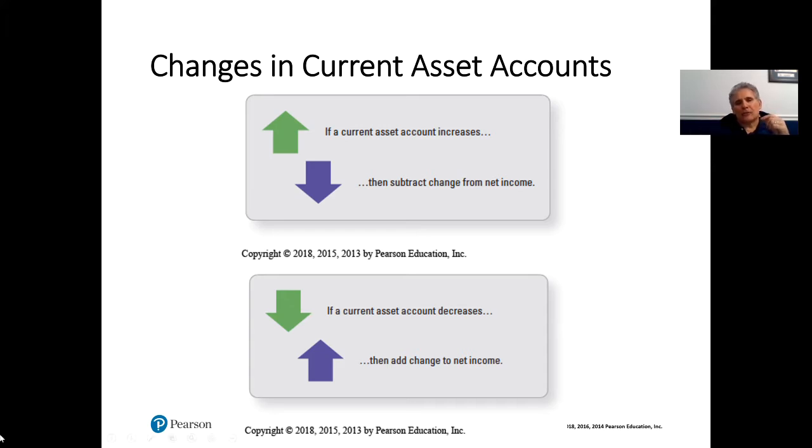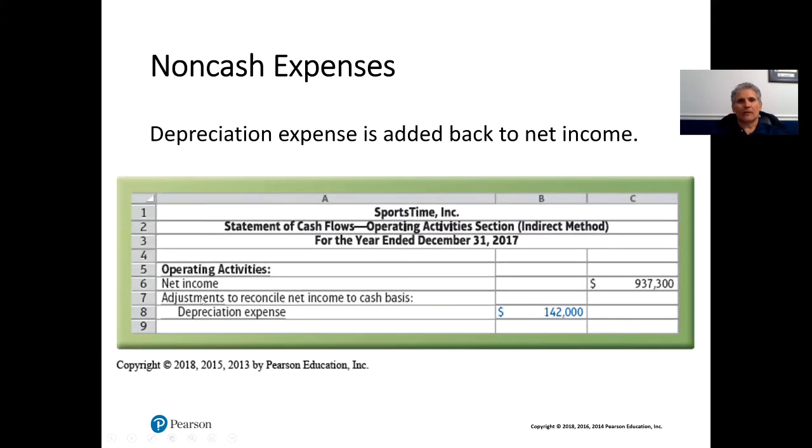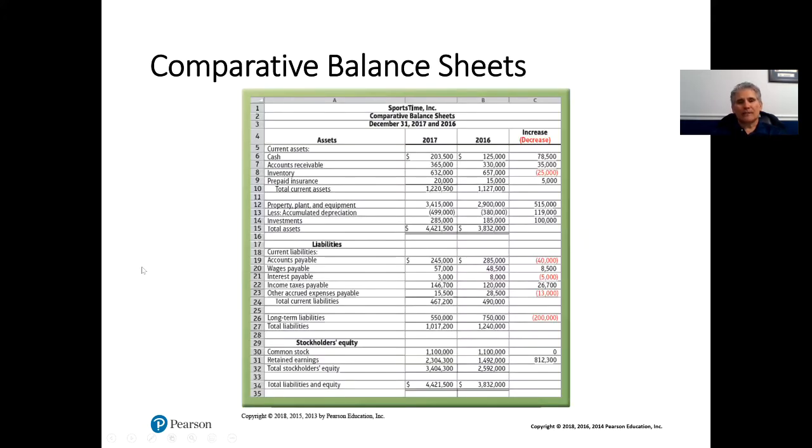If a current asset goes down, then it's going to be an increase to the statement of cash flows. If one goes up, the other goes down. If one goes down, the other one goes up. If we can remember that for current assets, it should be pretty easy for us to figure out.